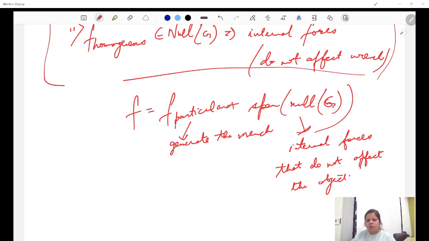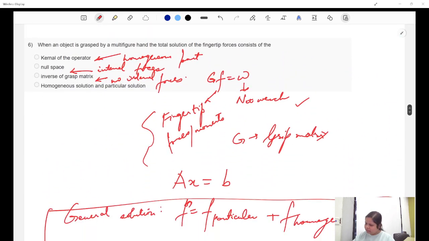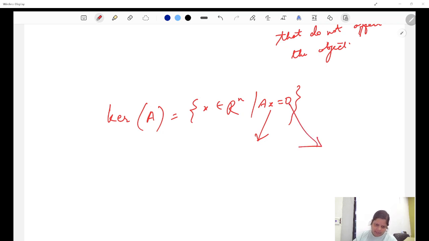Okay, now this kernel operator, I hope you understand, we had this once. If you remember, kernel of A is defined by X belongs to R^n such that AX is equal to 0. So it is the set of all vectors X that cause no output from the operator. So in this context, GF is equal to 0.